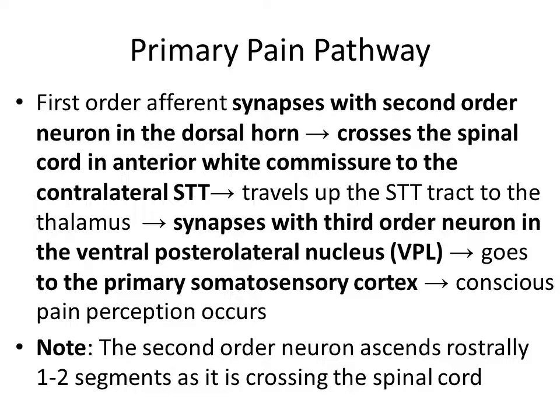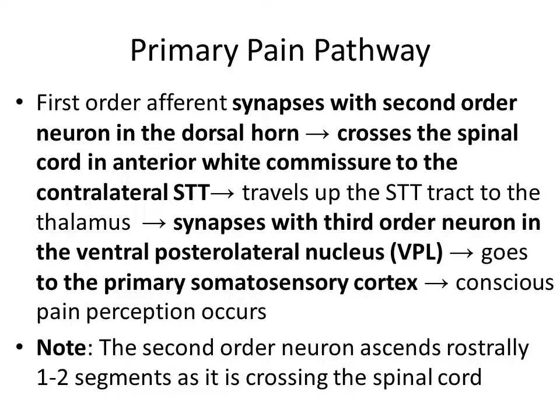The third order neuron then is going to go from the VPL nucleus of the thalamus to the primary somatosensory cortex. And this is where we're going to have a conscious perception of pain and be able to give it some discriminative information such as where is it.